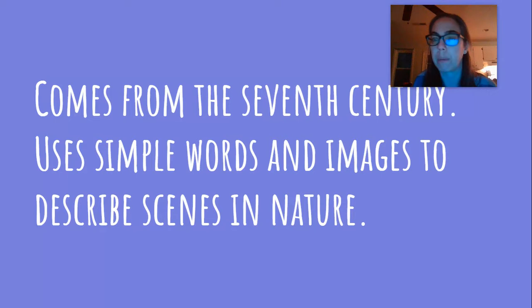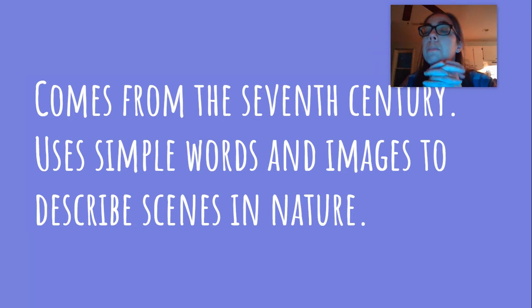But we'll look at Basho and Issa. This comes from the 7th century. It's a very old form, and it's supposed to use simple words and images to describe scenes in nature. A lot of times it has to do specifically with the season, so that when we hear certain keywords, we go, oh, they're talking about springtime, or oh, they're talking about winter.